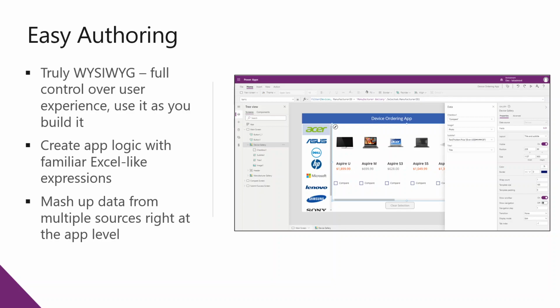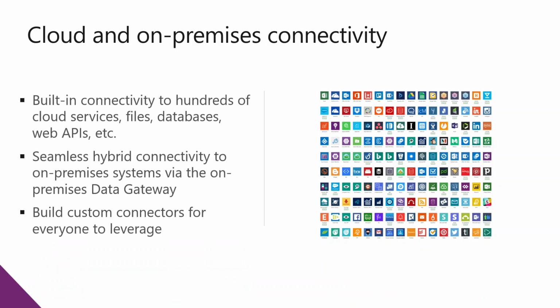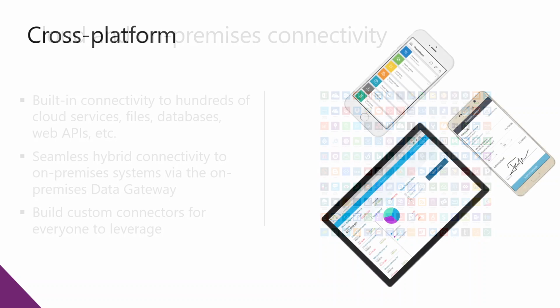There are expressions in there that are very Excel-like. You can connect to hundreds of different data sources in your app. You can leverage connectors to get data from other apps and also build custom connectors. Pro developers can build these custom connectors for anyone to use in their apps.